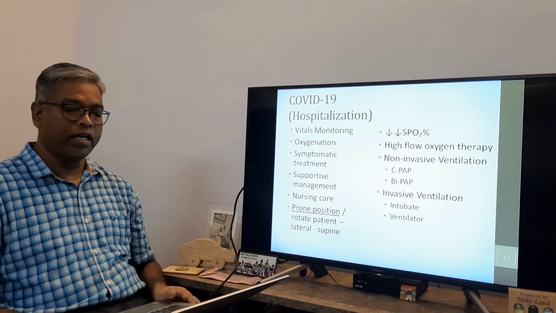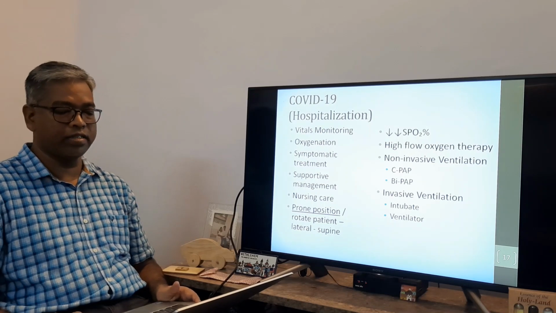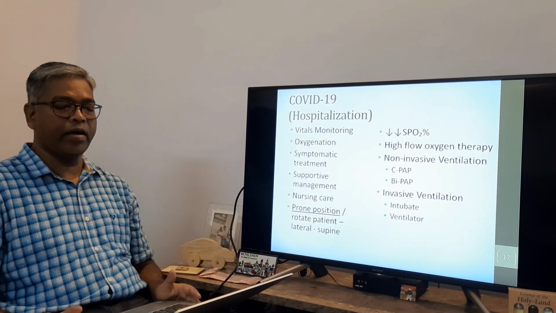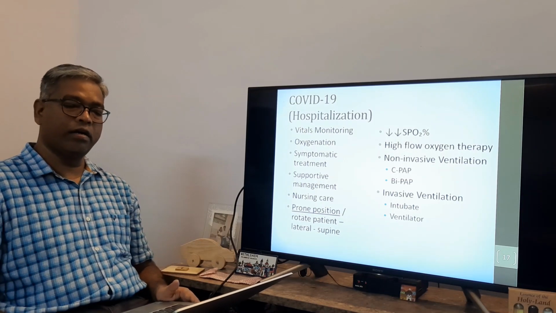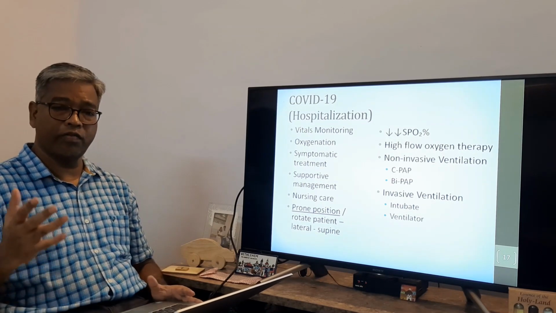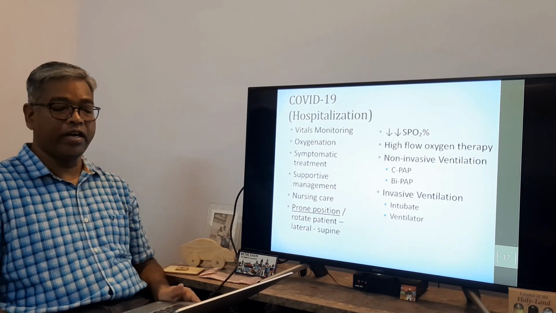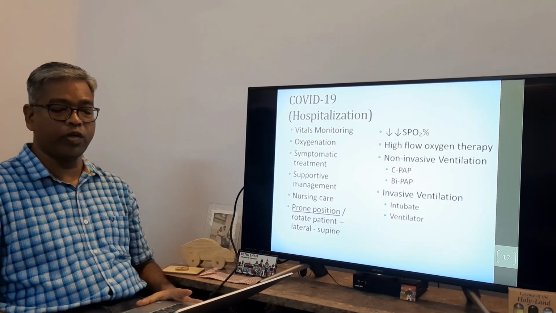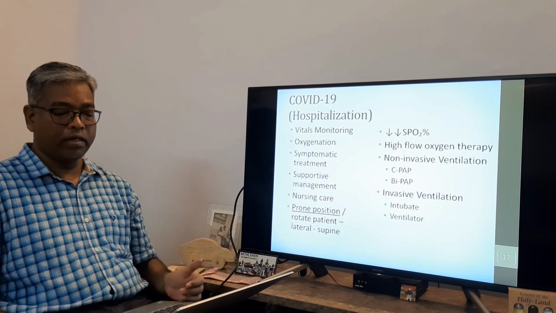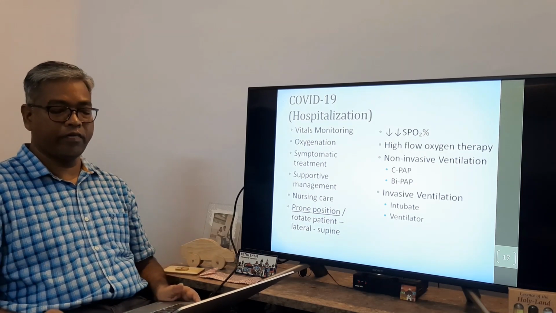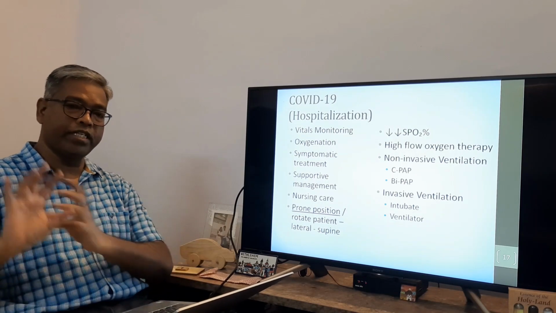So high flow oxygen therapy is needed when there is a dip in the oxygen saturation, and depending upon the condition, you give artificial breathing or ventilation. The best is non-invasive ventilation, which we can do with CPAP or BiPAP, and then invasive ventilation, where you intubate, put the tube inside the trachea and then put the patient on the ventilator.